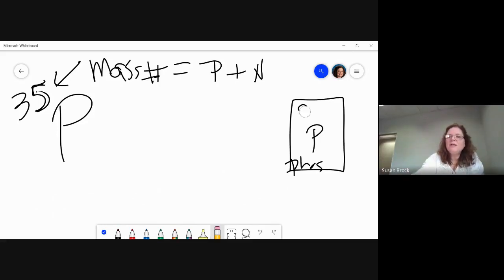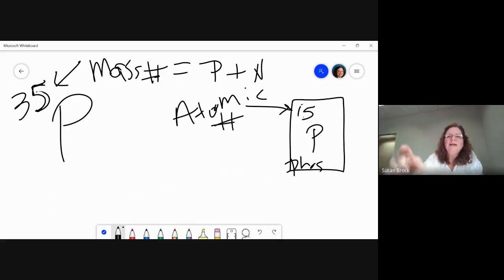I've lost my mind. There we go. 15. Should be 15. This is the atomic number. It is also the number of protons.